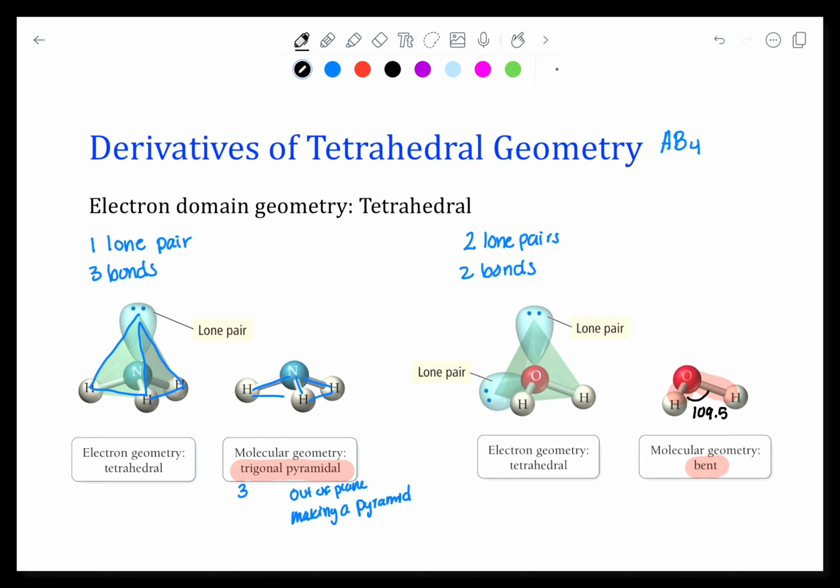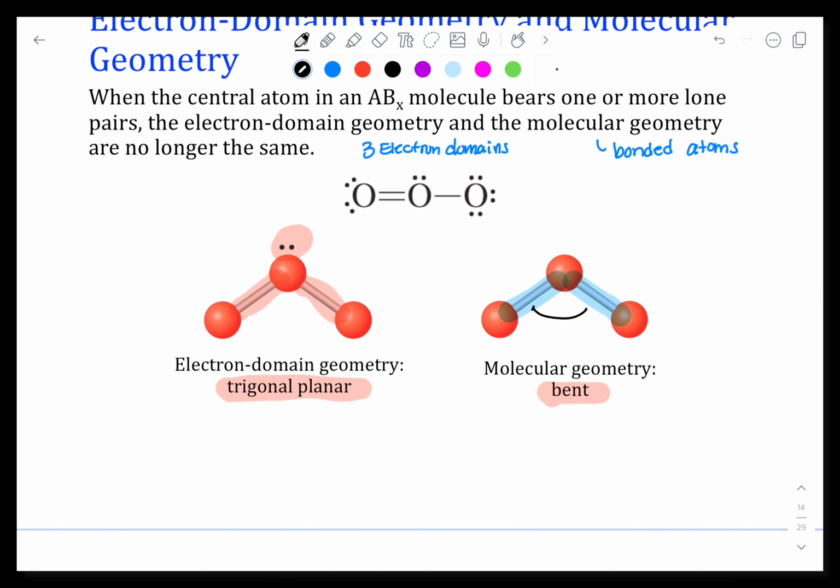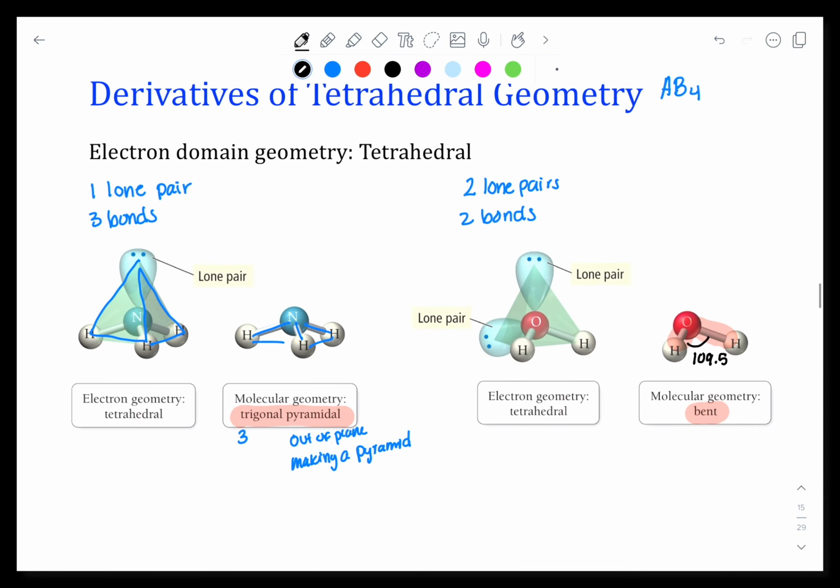So they're still keeping a similar bond angle to their original electron domain geometry. So that's how we can tell the difference between our bents. Our bent up here has an angle of 120 degrees. So when we have 2 lone pairs and 2 bonds, that's going to be a bent geometry. It still looks like a bent molecule.